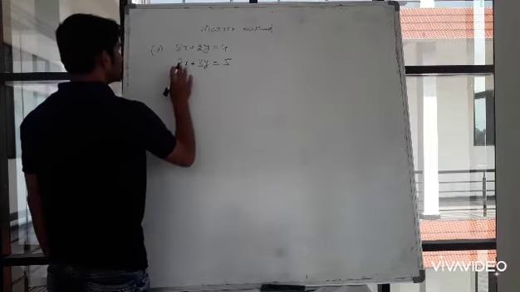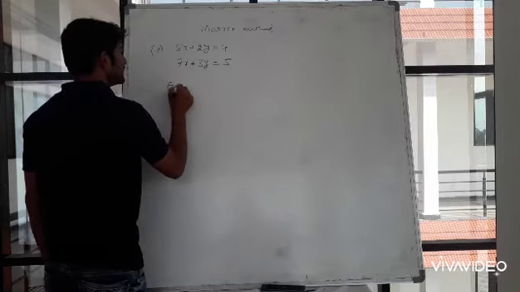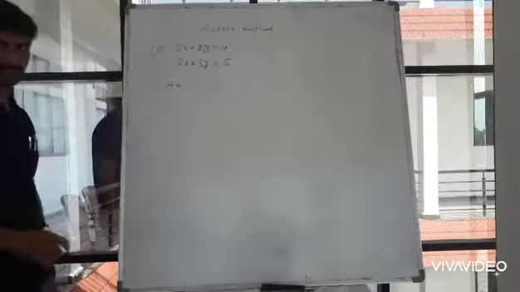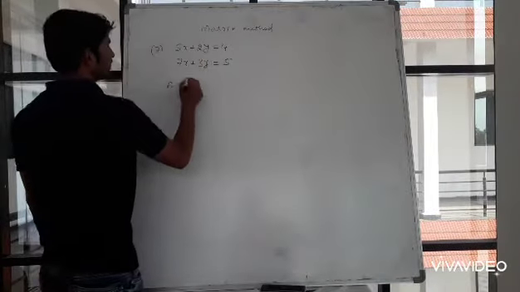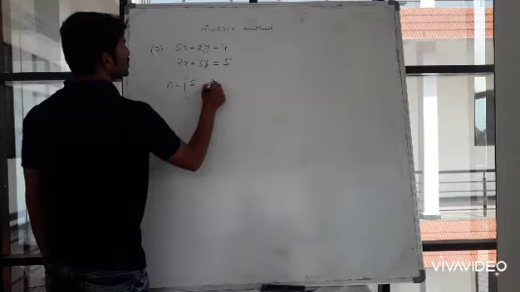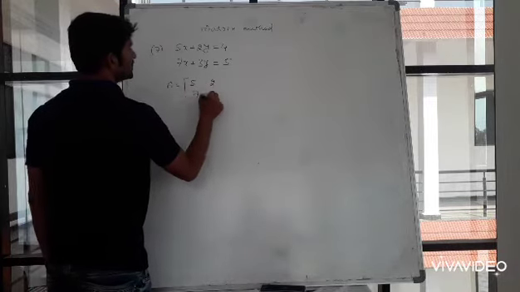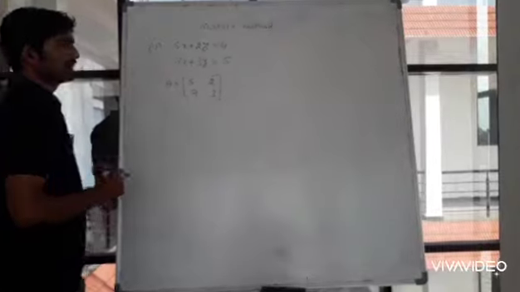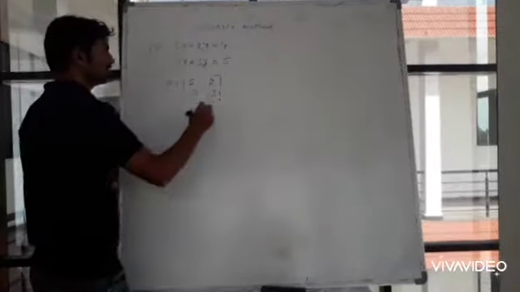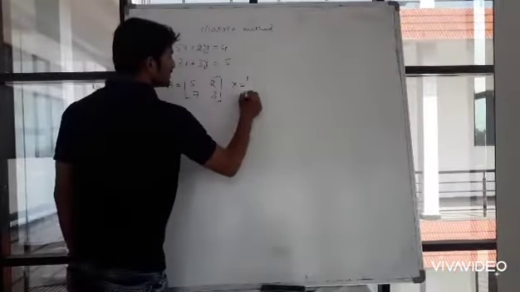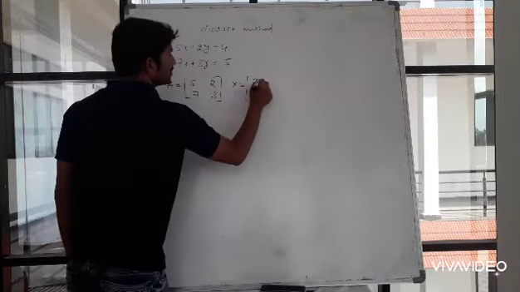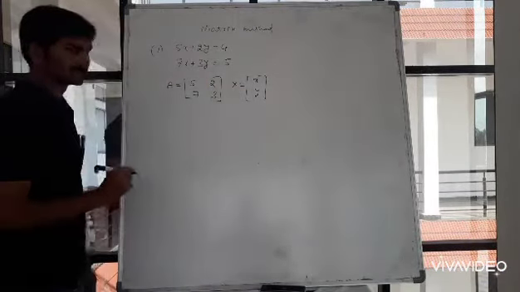So for that, we write A in the form of a matrix. A is equal to 5, 2, 7, 3. We are converting the equations into matrix form. X means the variables; two variables are there.